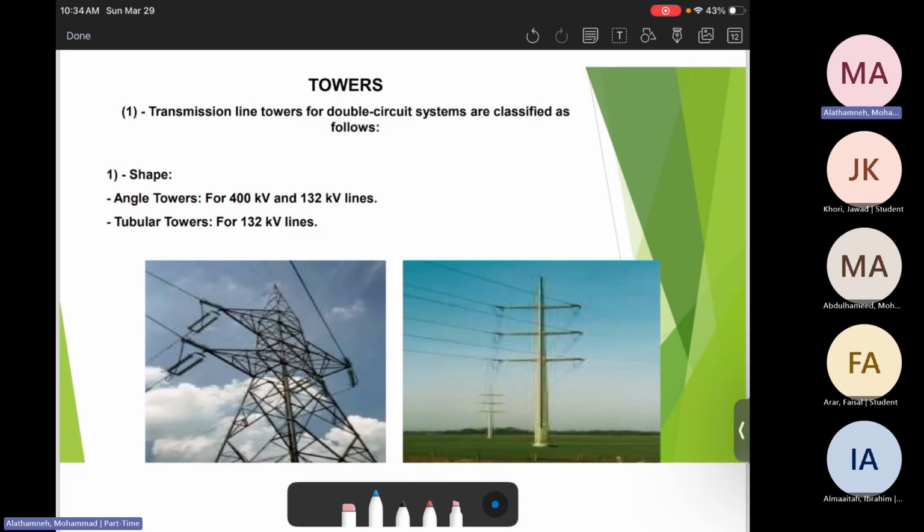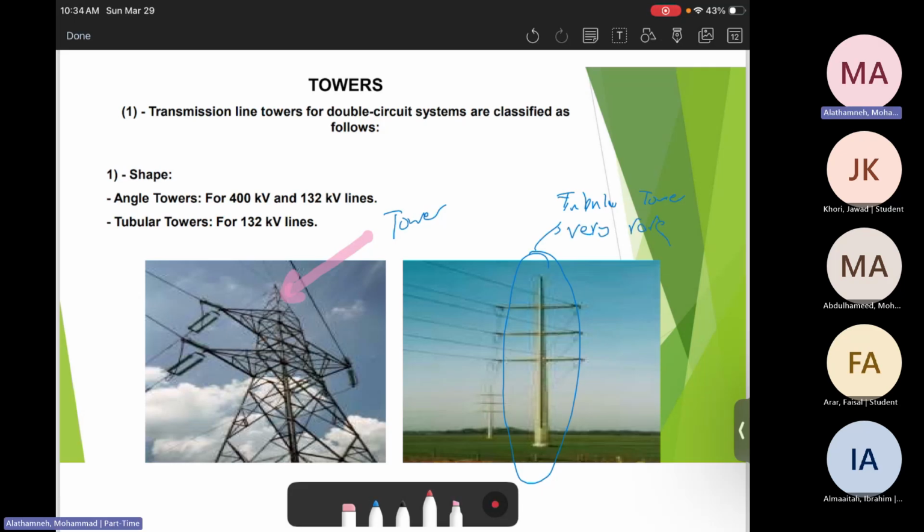The first thing that we have is the towers. All of the high voltages and extra high voltages are based on towers. Those are the towers. However, this part is called the tubular tower. This tubular tower is very rare.